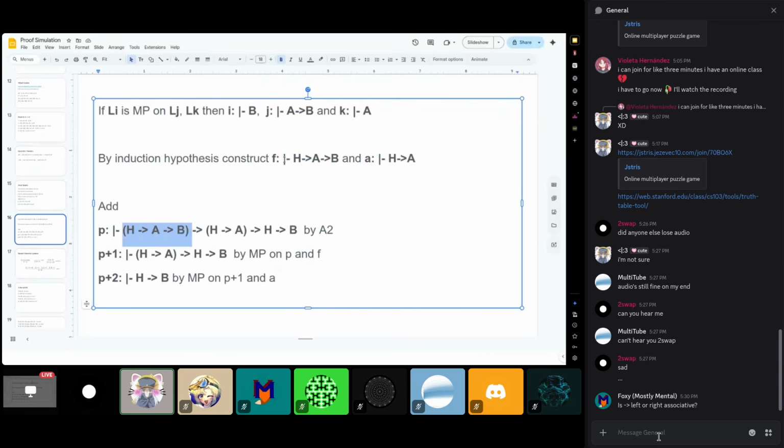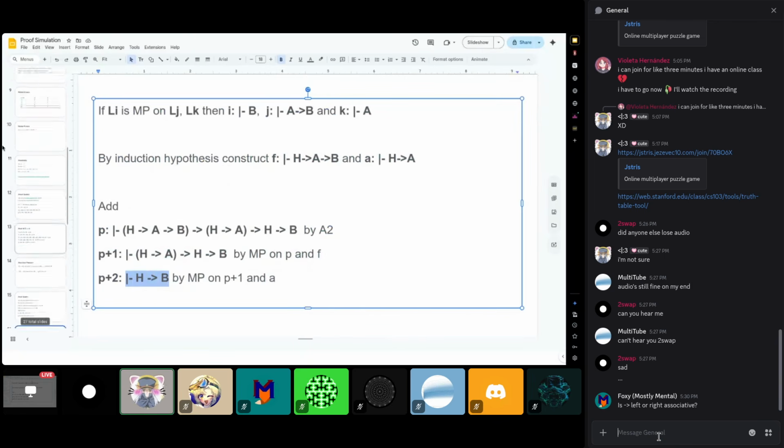But notice that line F is of the form can derive H implies A implies B. So you can get this by applying modus ponens. And then line A is of the form H implies A. So you can get this by modus ponens again, which is what we wanted to show.